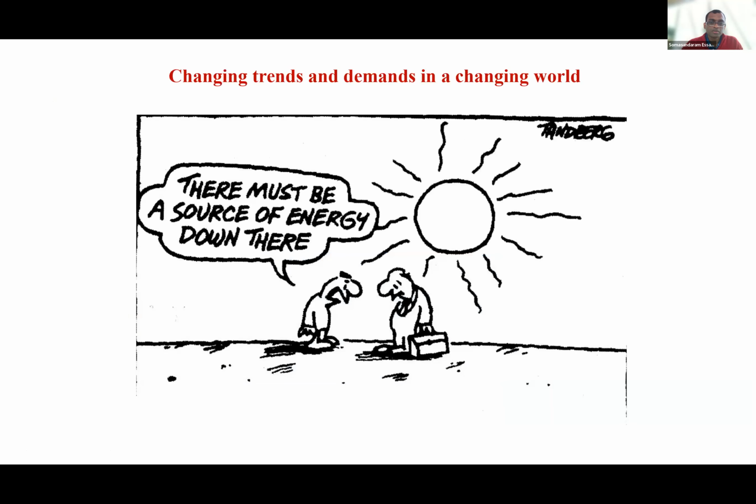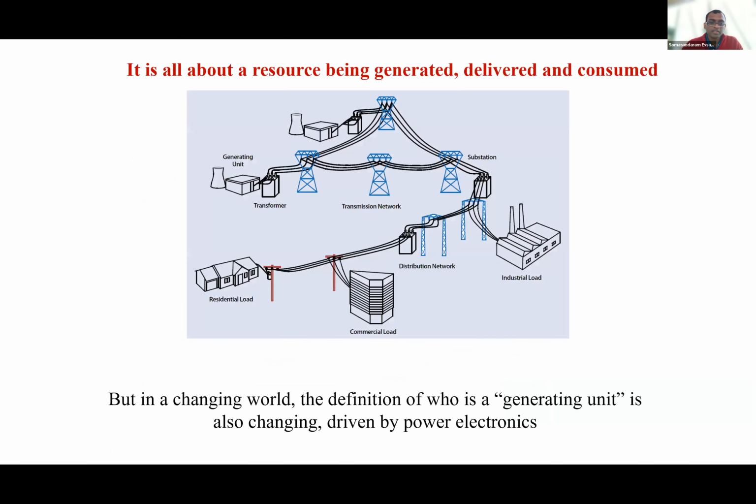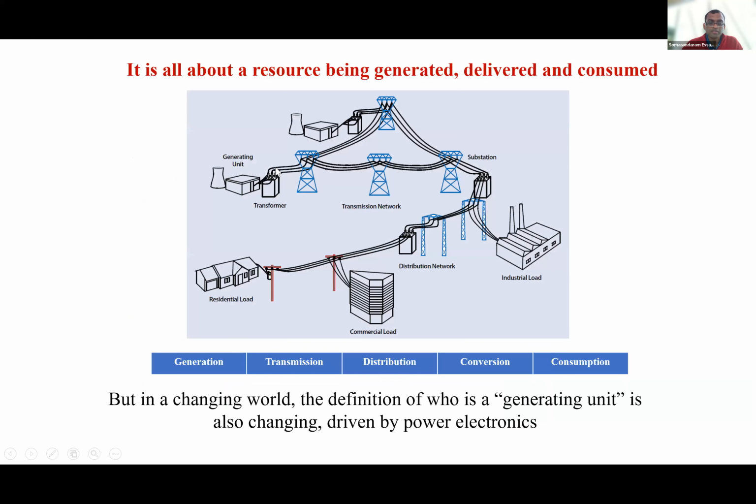And we also saw how a traditional grid, which used to be fairly unidirectional, you used to generate power at a large power station, and then you used the transmission network to send power towards the places of consumption, which we call load centers. And the load centers themselves could be commercial, industrial, or residential.